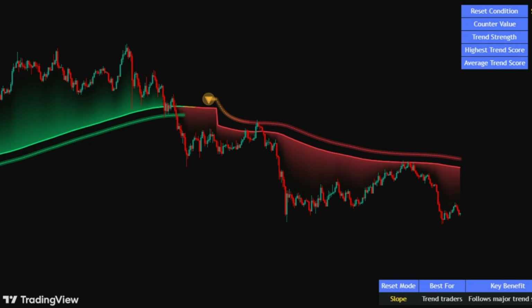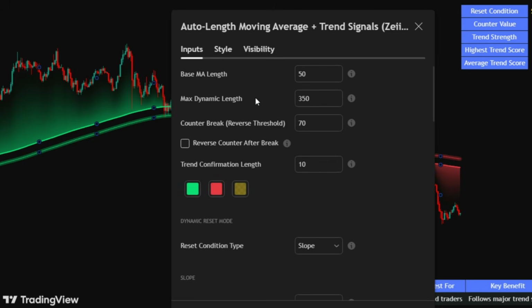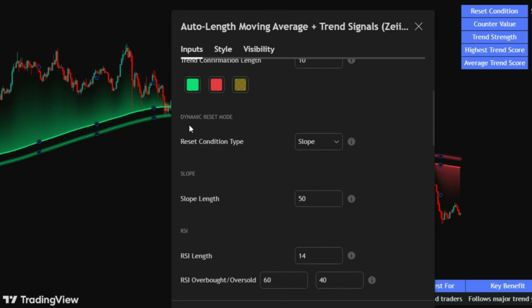In the indicator settings, under the input section, you will find an option called Dynamic Reset Mode. Here, you can choose between slope, RSI, MACD, or stochastic. In simple terms, this setting controls how the indicator generates new entry opportunities.